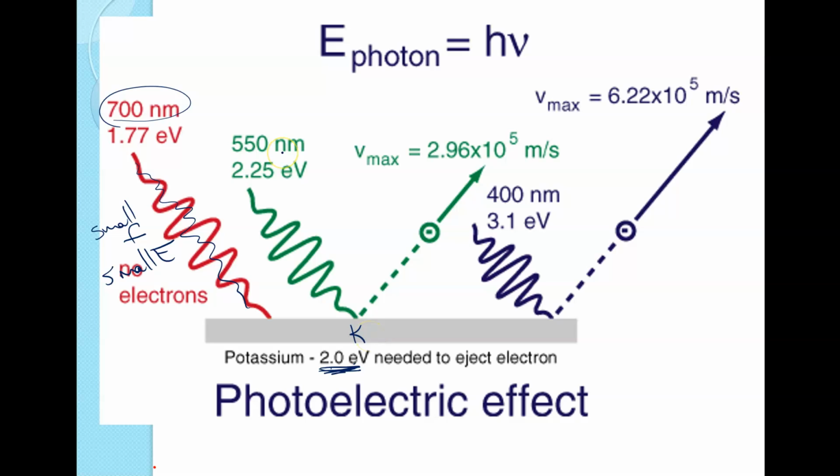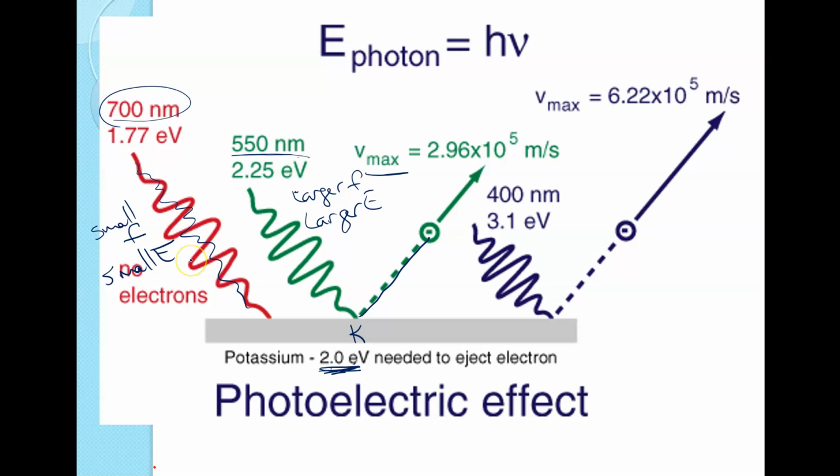If I move to green light, it has a little bit larger frequency, therefore a little bit larger energy on the scale. And this is the wavelength of green light. If I shoot the wavelength of green light, what happens is they notice that that electron goes flying off with a certain velocity. And all the green light does that.